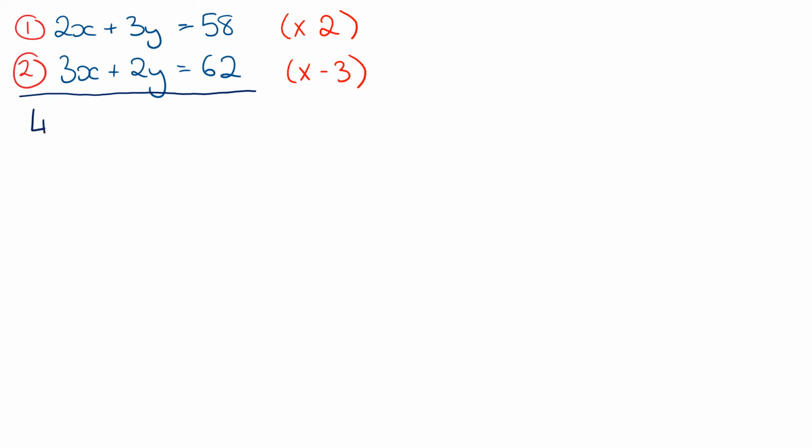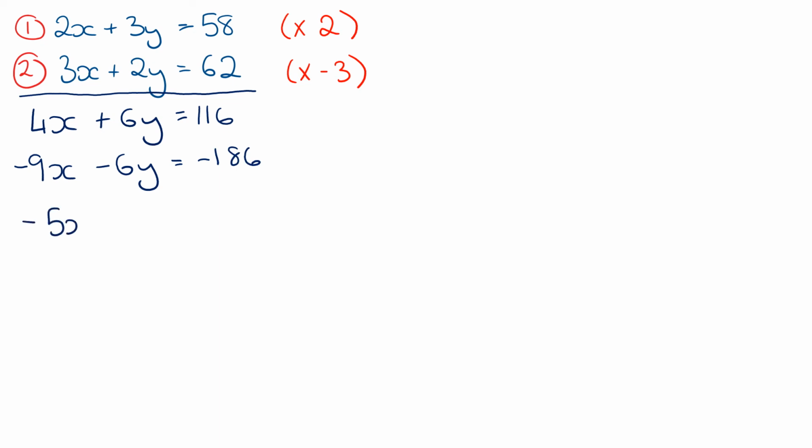Okay, so we get 4x plus 6y, and 2 by 58 gives us 116. We get minus 9x minus 6y equals 62 by minus 3 gives us minus 186. So we get minus 5x, the y's cancel, and that equals minus 70.